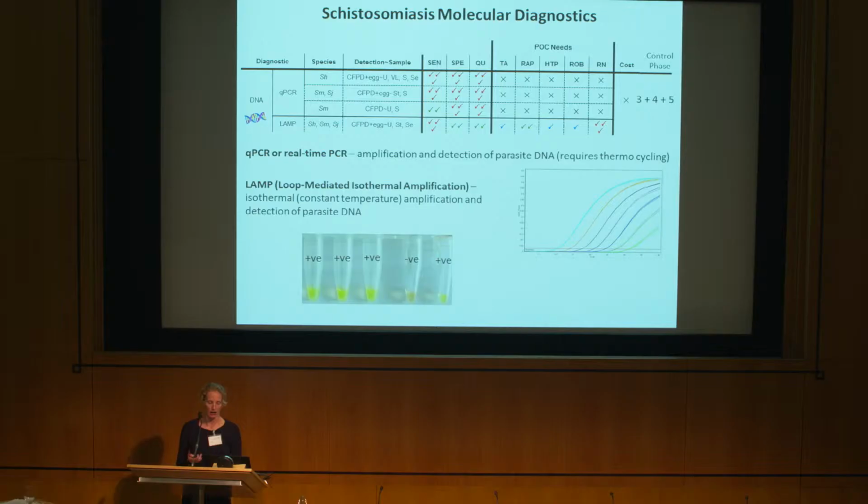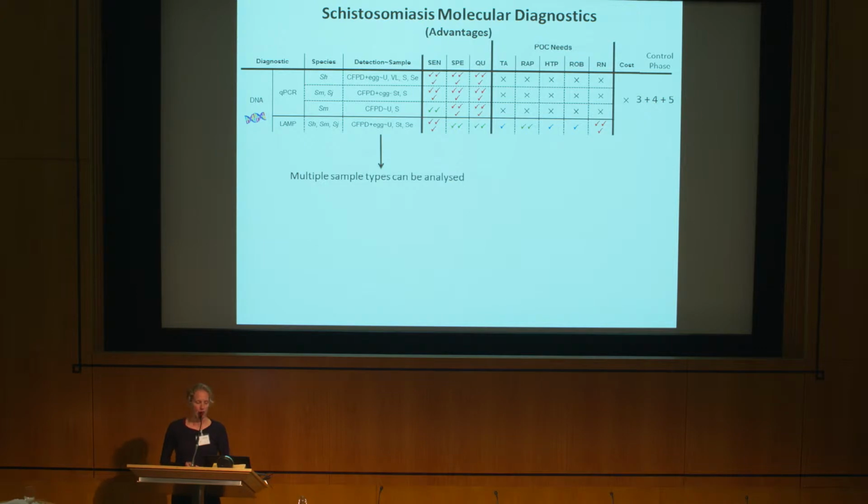The LAMP assays are good in the field because they are isothermal, but they do start to lose specificity when they're actually used in the field. And it's important to realize that there's no one DNA target that's used between diseases or even between species for the same disease. These targets differ in their sensitivities, and there's no real uniform answer to which DNA target we should use.